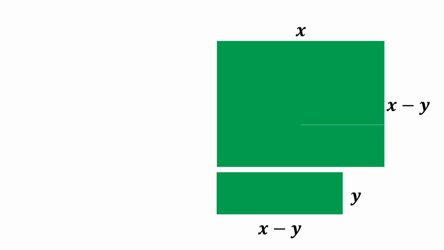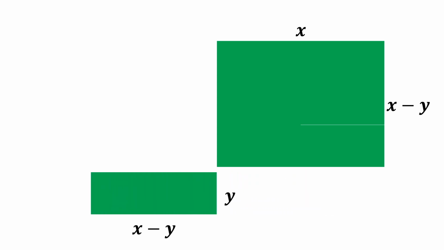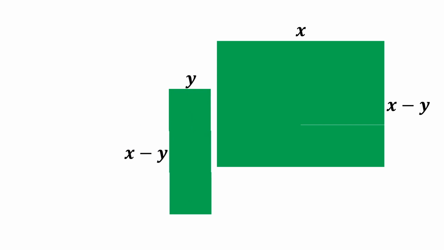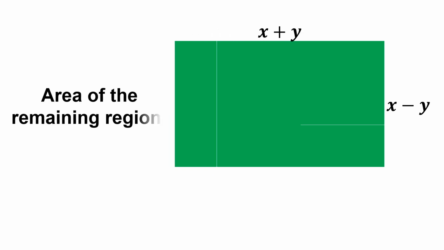Rearrange these two rectangles in order to form one rectangle. In doing this, we can easily compute its total area. Flip the rectangle and carefully put them side by side. We can now compute the area of the remaining figure with ease.